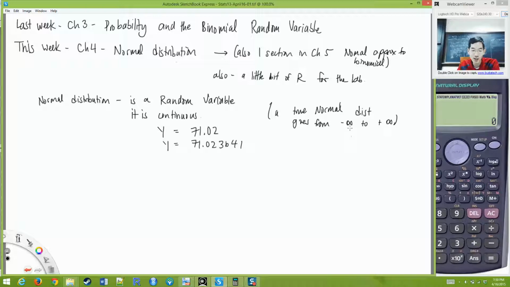It's non-zero but infinitely small. And so when we talk about the distribution of human height, it's approximately normal. And so the normal distribution is very useful because a lot of things in real life follow or can be approximated with the normal distribution.